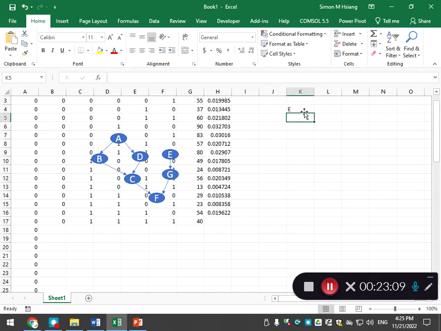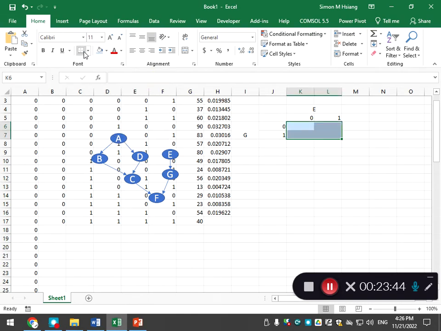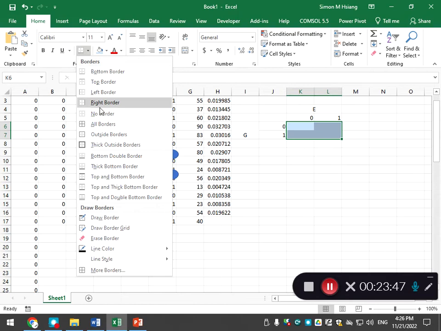E is 0 and 1. And stretch it. And then here I have a G is 0 and 1. So I need to build a 2 by 2 table here. And of course, you can build 3 by 3, 4 by 4, depends on how many categories you have.